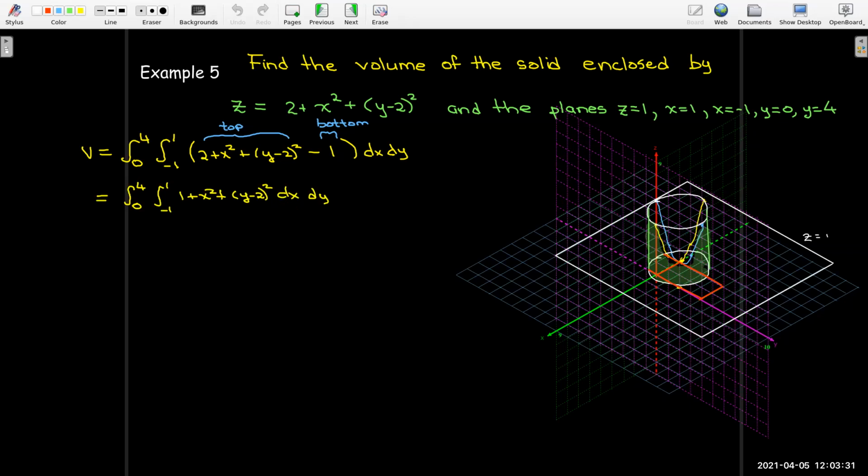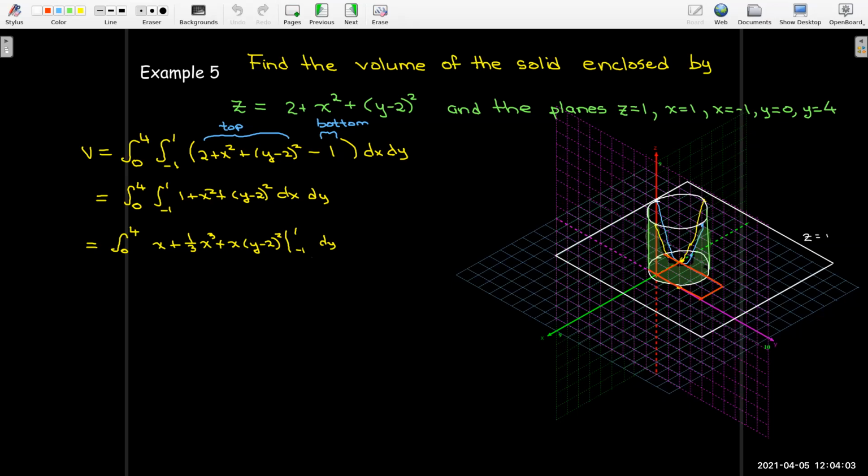We'll take the partial antiderivative with respect to x. And here, I'm adding y minus 2 quantity squared. That I treat as a constant. So just like the antiderivative of any constant would be that constant times x, I'm going to take that constant, y minus 2 squared, and multiply it times x to get the partial antiderivative with respect to x.